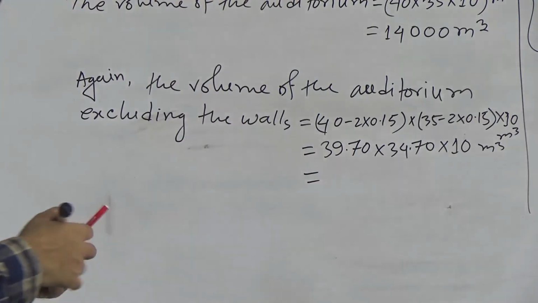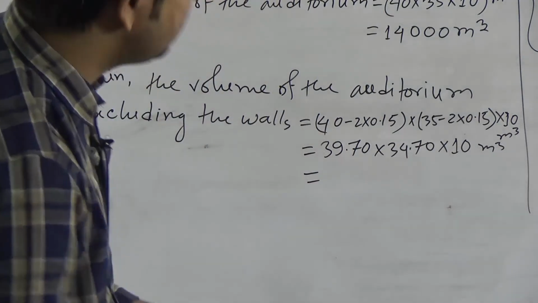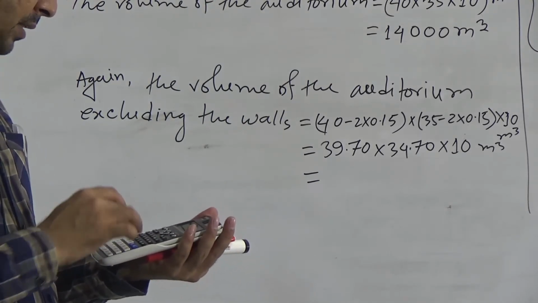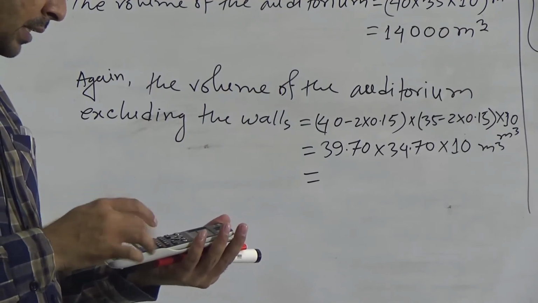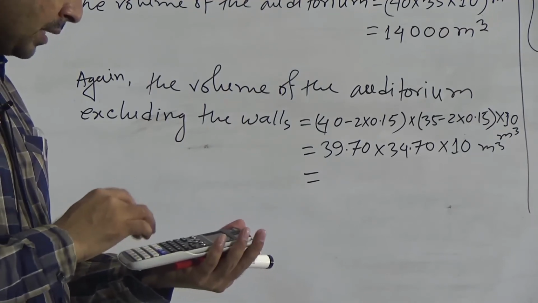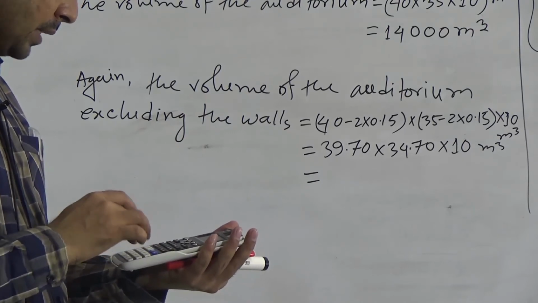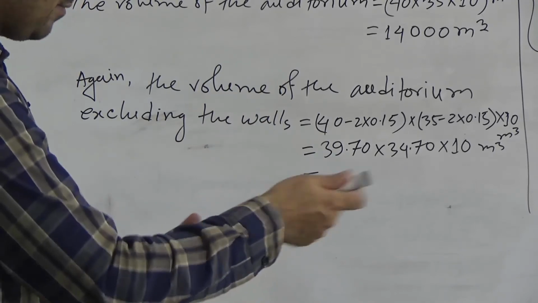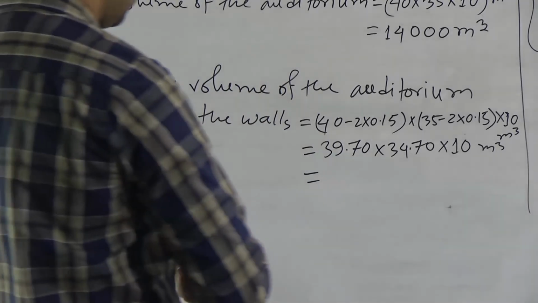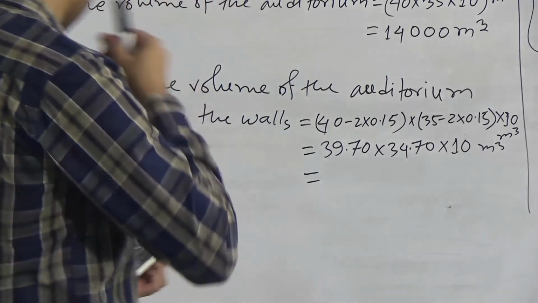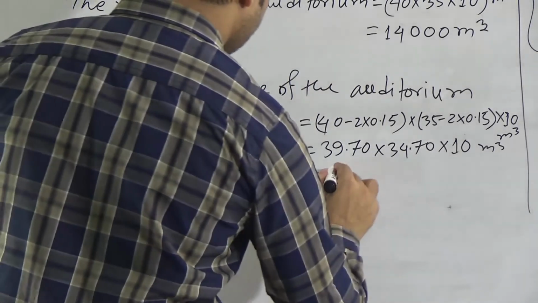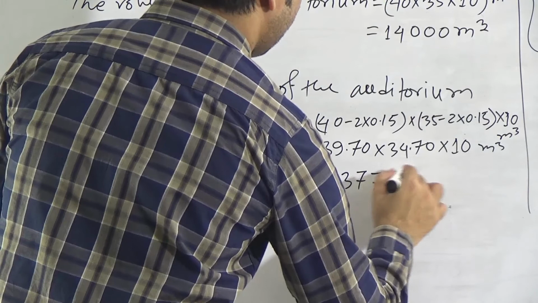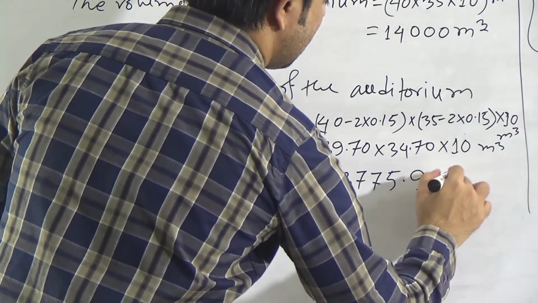Okay, now multiply these three using calculator. 39.70 multiply by 34.70 multiply by 10. You will get 13775.9 cubic meter.